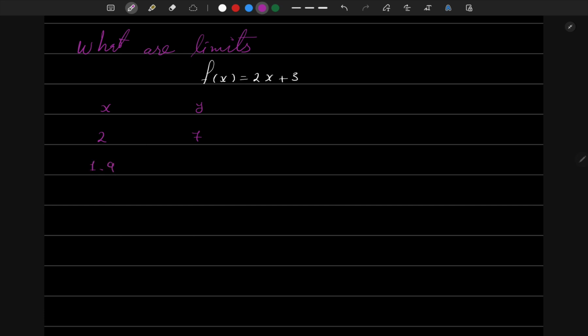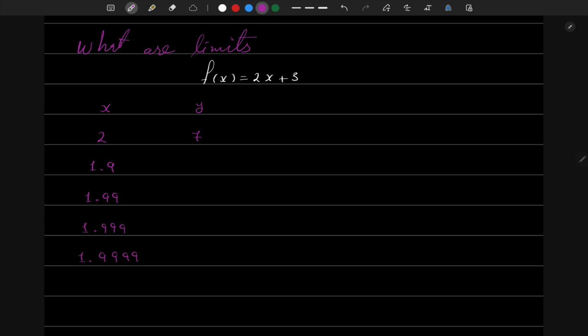1.9. Well, actually 1.99 is closer to 2 than 1.9. Well then, 1.999 is closer than both of them. And 1.9999 is the closest of all of these.